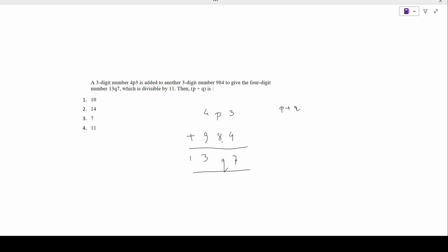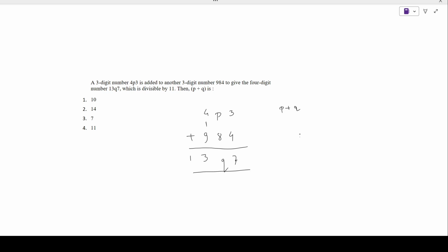Looking at this question, since no carry has been added here, since we are getting 9 plus 4 is 13, no carry has been added, which means q is a single digit number and p is not greater than 1. If the value of p were 2, a carry would have been added here, so 13 would not be here.